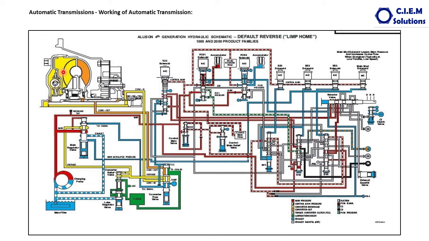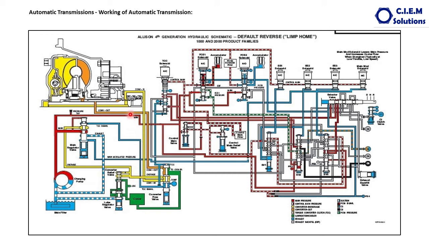From the converter pump, it goes to converter in, then to the turbine. Whatever the return oil is, that is converter out, the converter return. It comes back like this, and the return oil goes back to the sump. There is a cooler, and the return oil passes through the cooler like this.